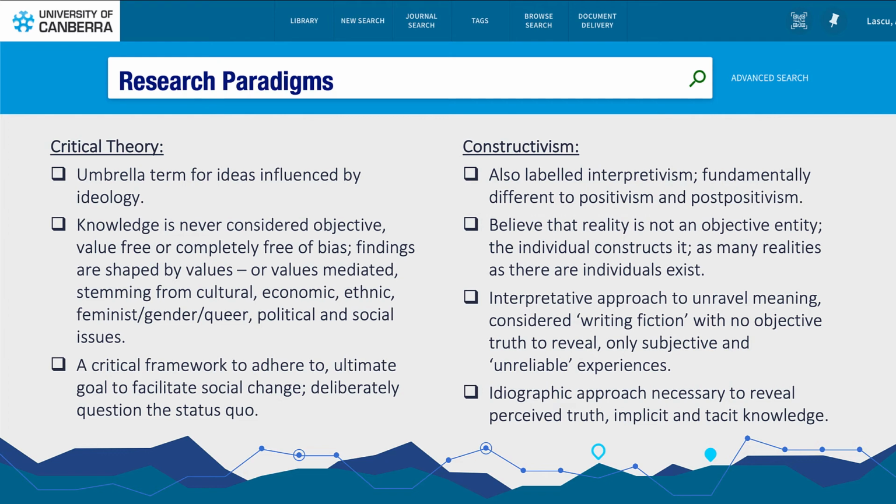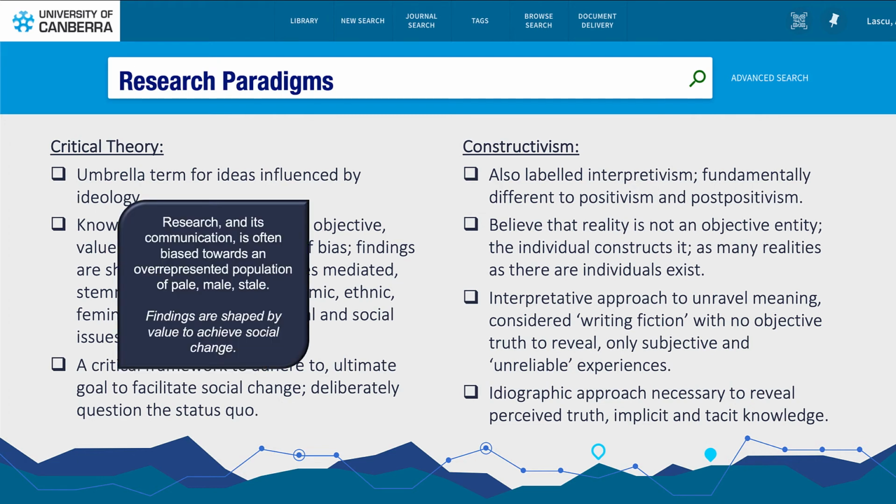It's a critical framework to adhere to, and its ultimate goal is to facilitate social change and deliberately questions the status quo. In other words, research and its communication is often biased towards an overrepresented population of pale, male, and stale. So findings are shaped by values to achieve social change.